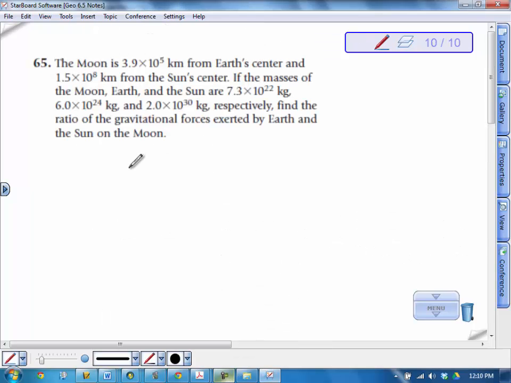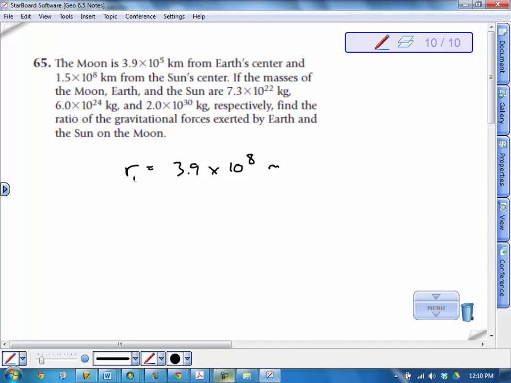All right, the moon is 3.9 times 10 to the 5th kilometers from the Earth's center, so I'll just do 10 to the 8th meters. And then it says 1.5, oh, gotcha, from the Sun's center.